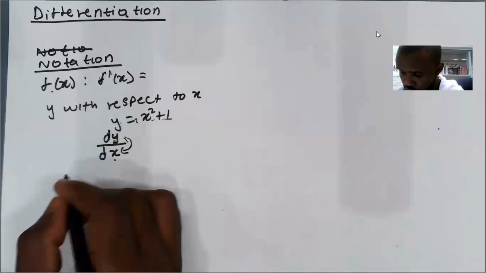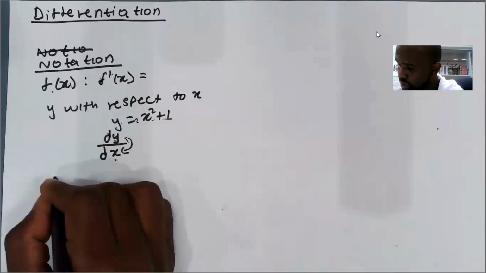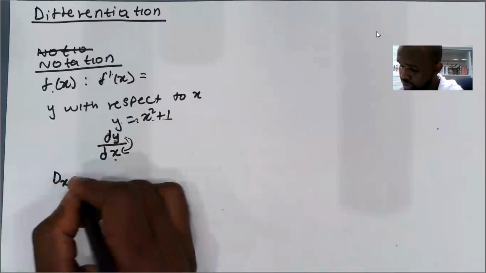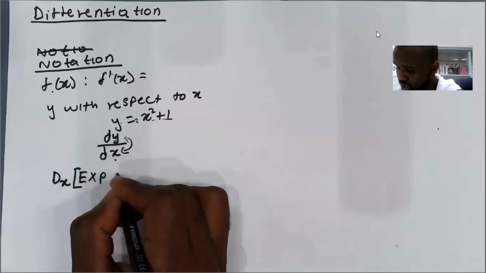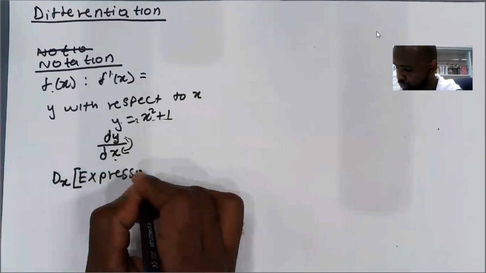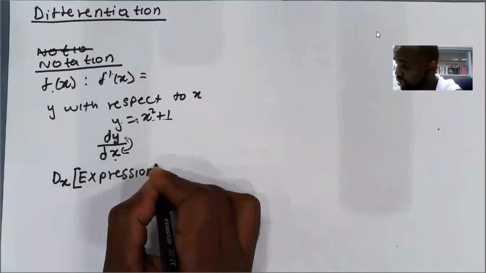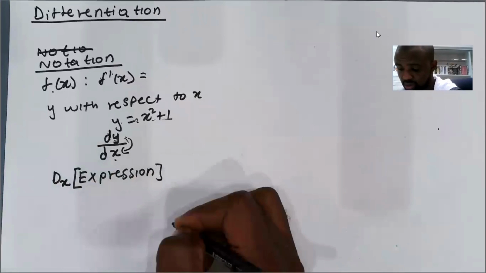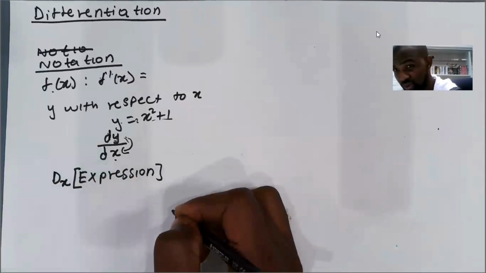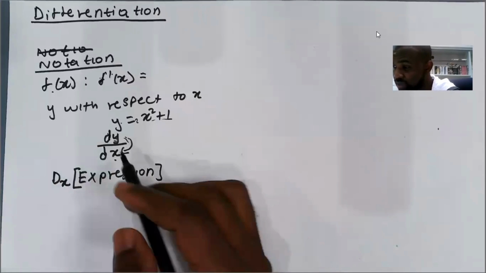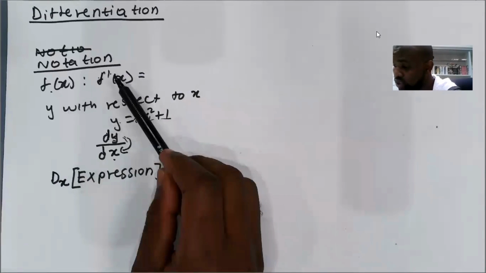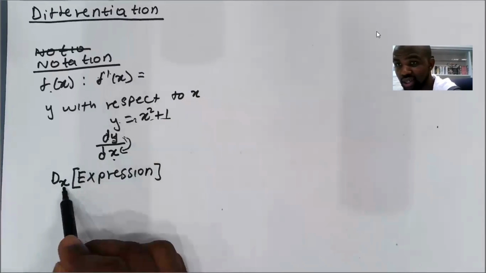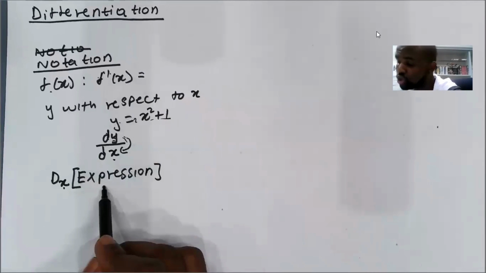And then we have d over dx. Inside here, they write whatever expression they're going to write. When we are deriving this one, it's not the same as this one. The f at x is going to be f at x equal to, but this one is d over dx, and then they put an expression inside.